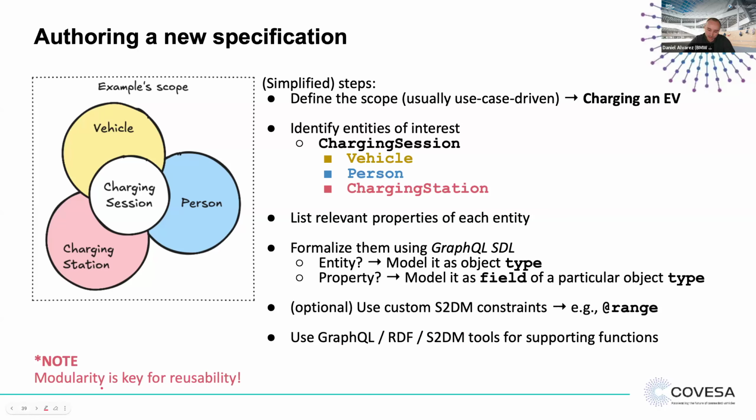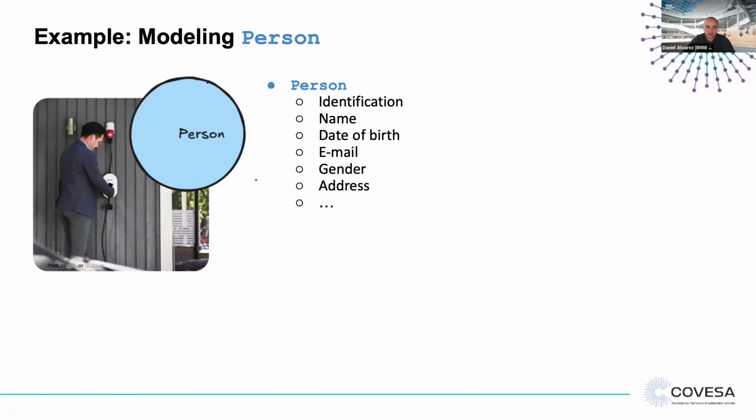So you need to focus on granular objects that are controllable such that you can reuse them in a bigger scope if you want. Good. So when it comes to the person, let's start with that domain. You have some properties for a person, let's say the ID, name, date of birth, the address, the gender, an email, and these kind of things.